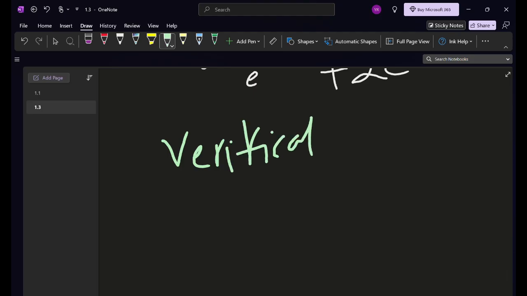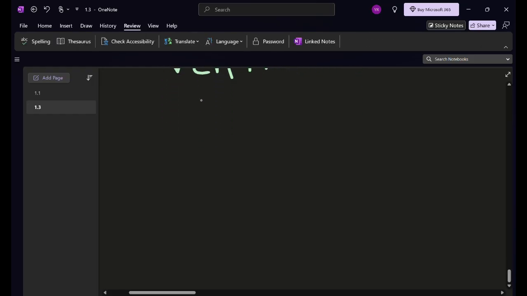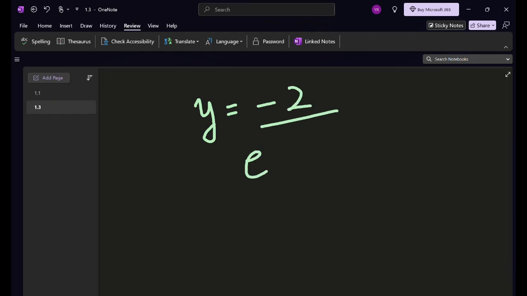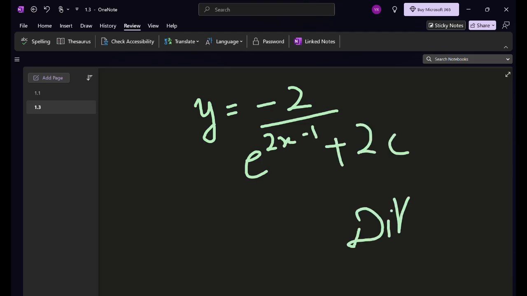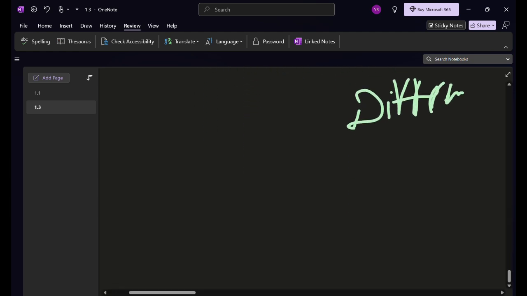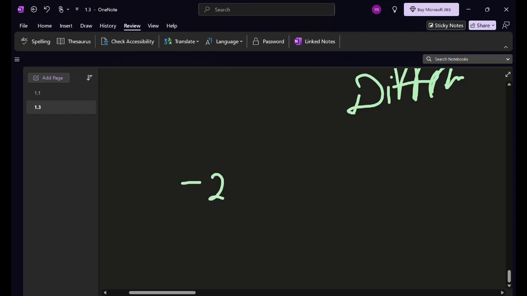so here's the verification. y is equal to minus of 2 over e to the power 2x minus 1 plus 2c. Now we're going to differentiate it, using the divide rule.